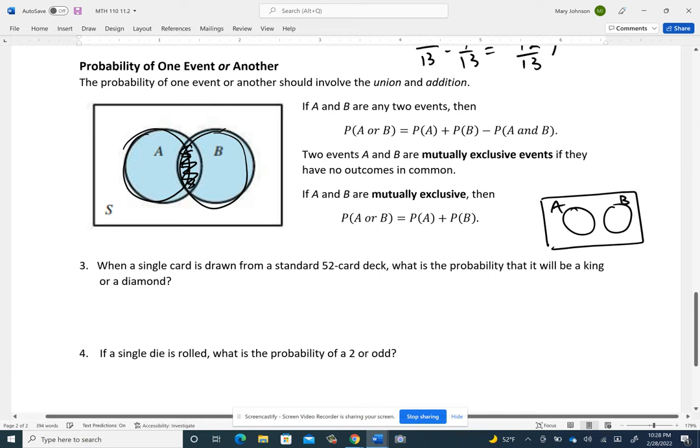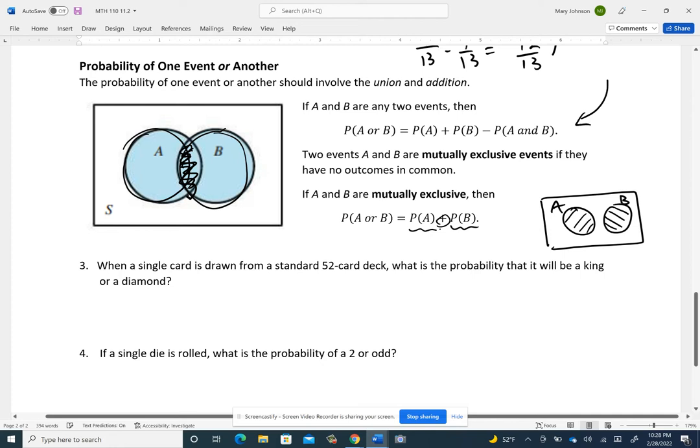Okay. So if that's the case, then we can do the probability of event A happening or event B by just taking the probability of A happening, the probability of B happening, and just adding the 2. See, just taking the probability of one happening, the probability of the other, and adding them. The problem comes in when there are elements in here.